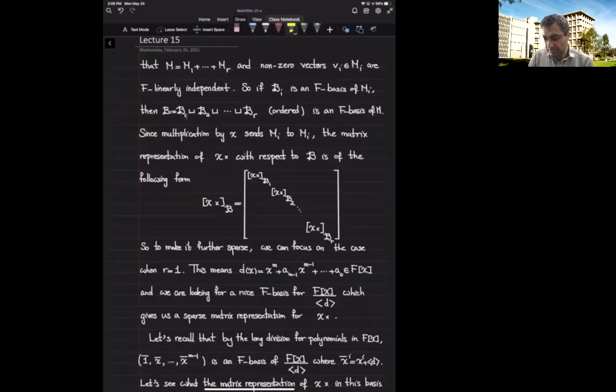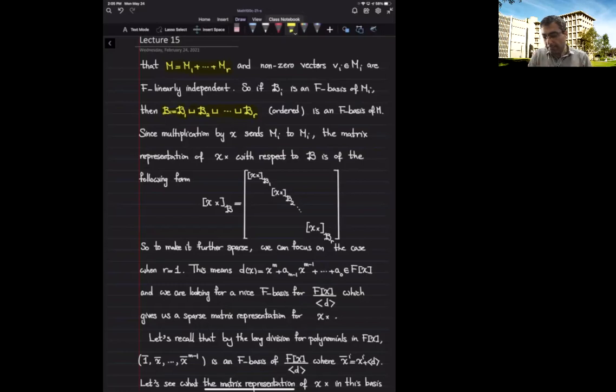Because the B sub i's span M sub i, the span of B contains all the M sub i's, and the M sub i's add up to the entire M. So that's why the span is the entire M. Now, why are they linearly independent? I pick a linear combination.